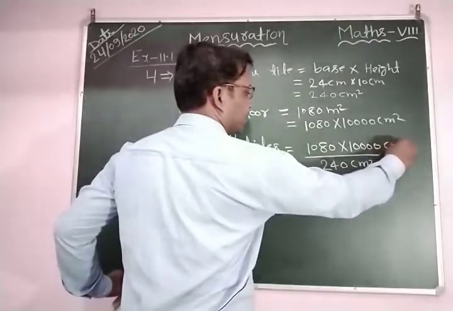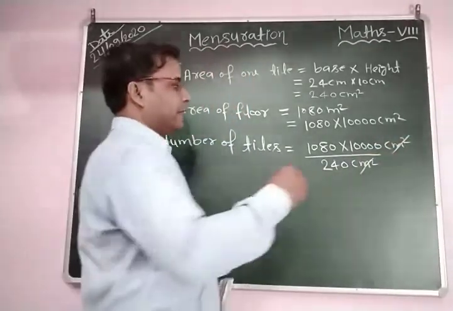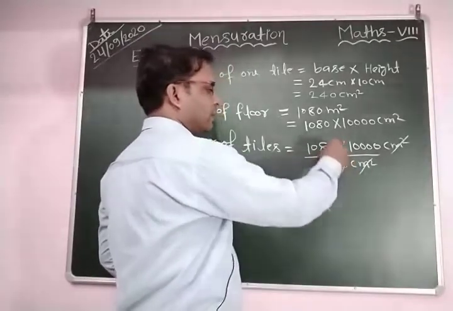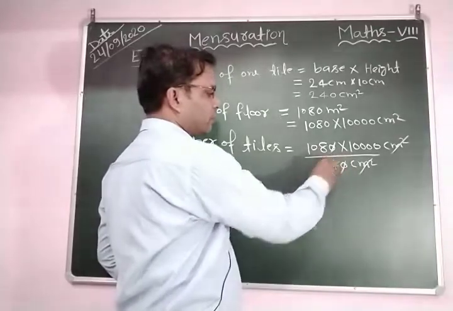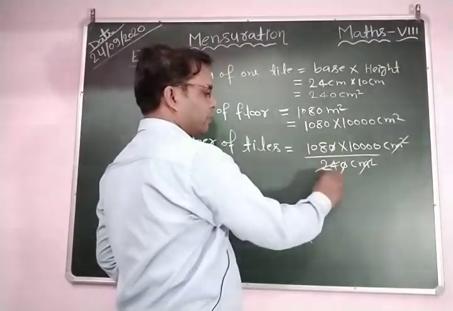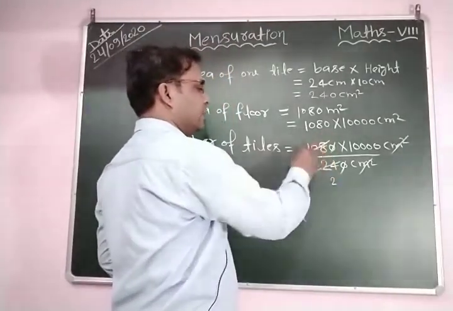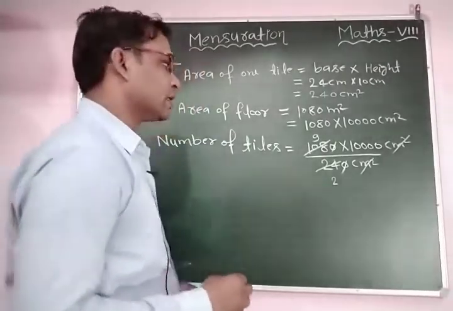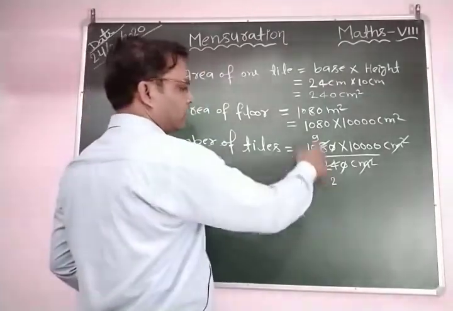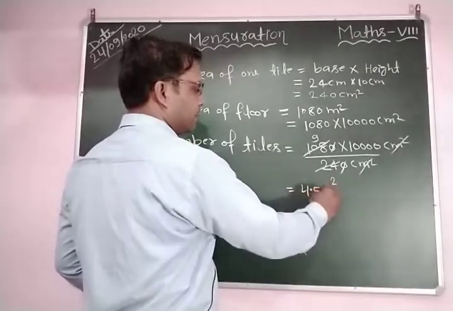First, centimeter square cancels with centimeter square, and here one 0 cancels. Now you can see 24 and 12: 2 twelves are 24, and 12 nines are 108. Clear? So if you divide by 2, then you obtain 4.5 into 10,000.